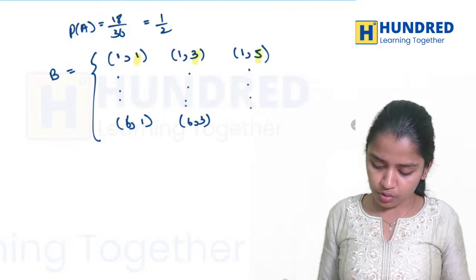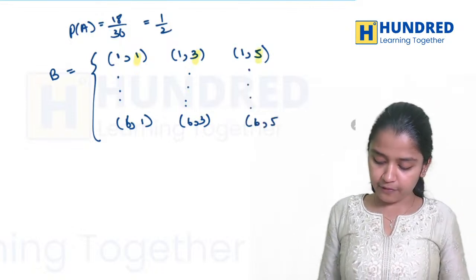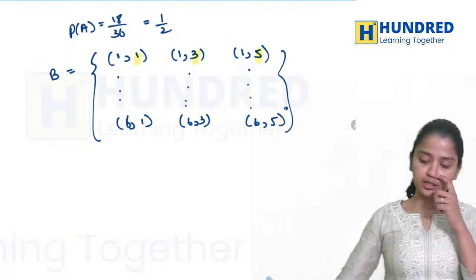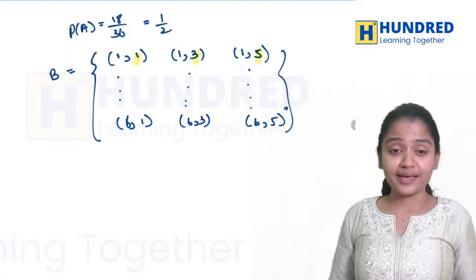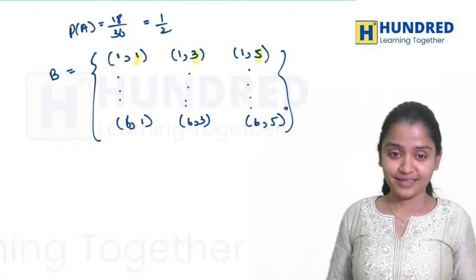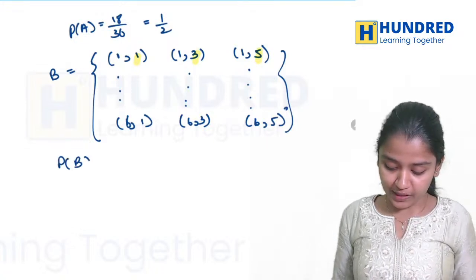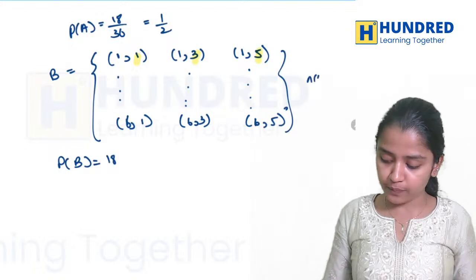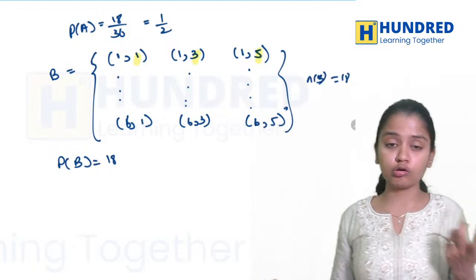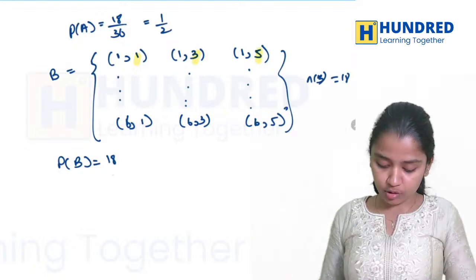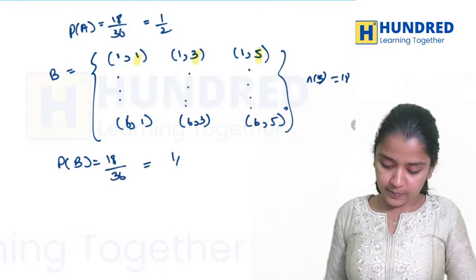So it looks like this. Okay? Yes, exactly, a proper die. So N of B is 6 plus 6 plus 6, which is nothing but 18. If that is the total count, then N of B is 18, so P of B will be like this.